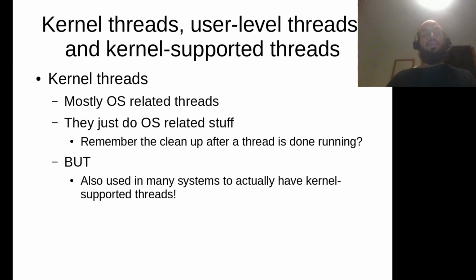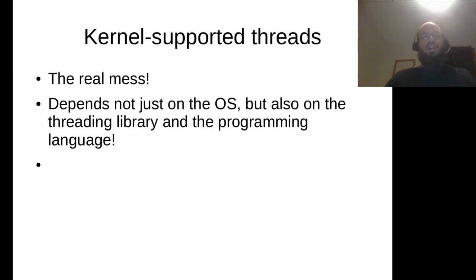This is also used in many systems to actually have kernel supported threads. And in many systems, you do not differentiate between kernel supported threads and kernel threads, terminology wise. So what are kernel supported threads? Again, this is a mess more than the previous mess.